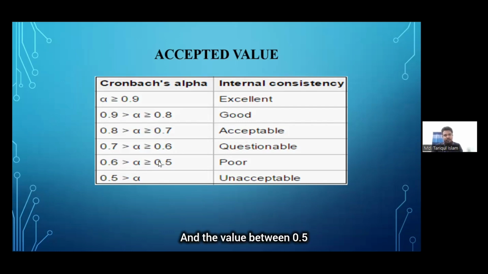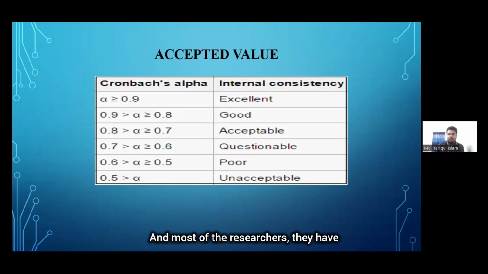The value between 0.5 to 0.6 is poor. So you will follow the same procedure for increasing the reliability. Then the third one is questionable, and the value ranges between 0.6 to 0.7.